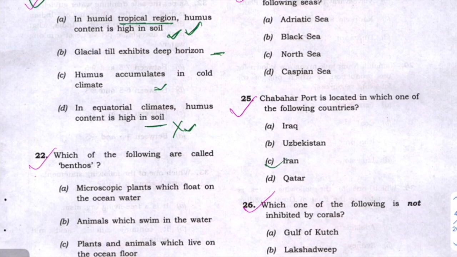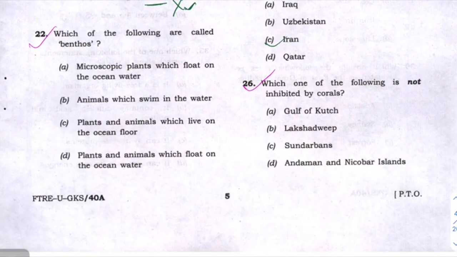So in tropical regions humus content cannot be high, but in cold conditions whatever litter falls on the surface of the ground gets accumulated, and slowly it decomposes and becomes humus. So C should be the right answer, right?